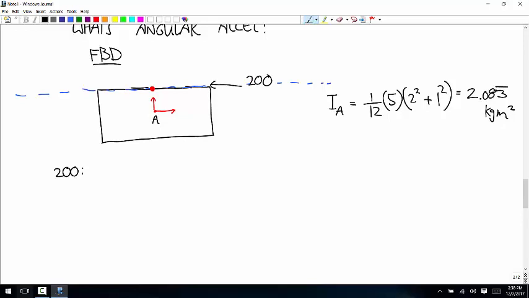Then we have the force going this way. We'll stop thinking that it's over there and think that it's in the middle. And now the line from the force to the axis is this.